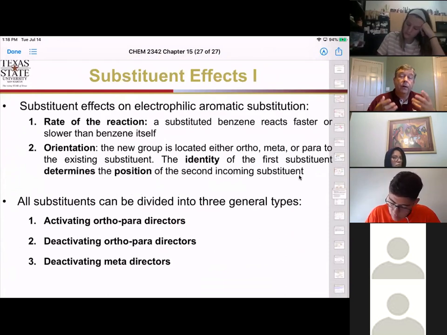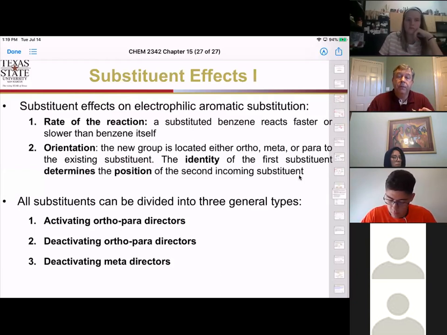If you have an electron withdrawing group, it's going to go slower than with benzene itself, okay? So that's the first step in looking at the substituent that's already on the benzene ring when you're doing your next electrophilic substitution reaction. The next thing we have to take into account is, where does that new group go?